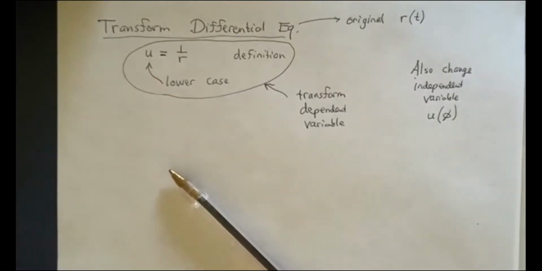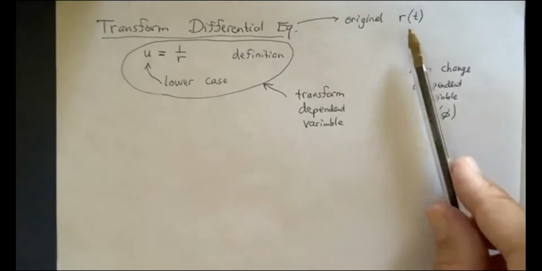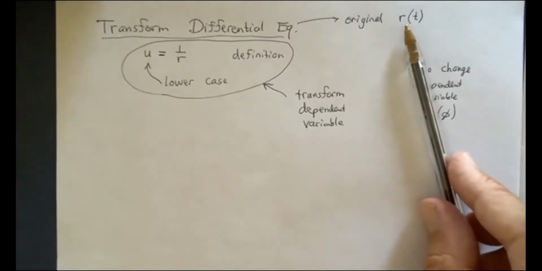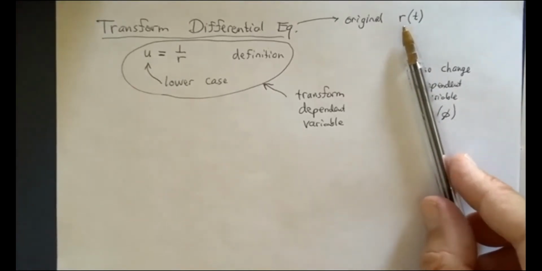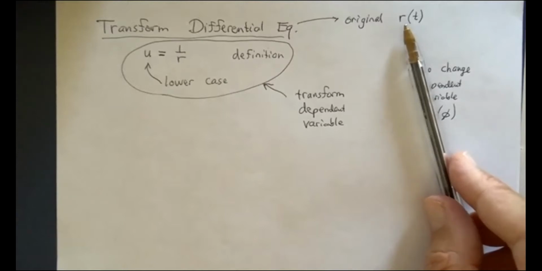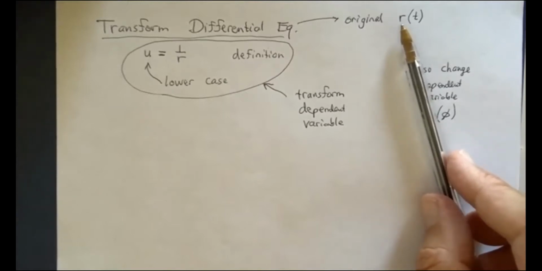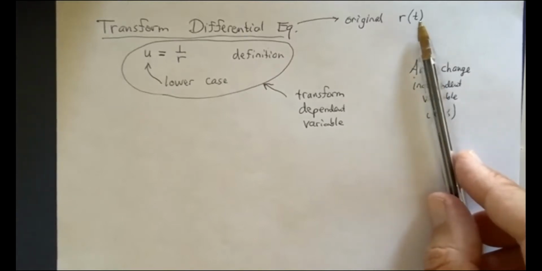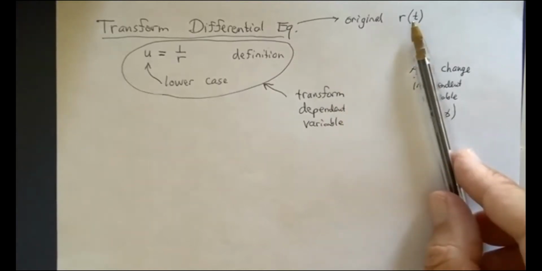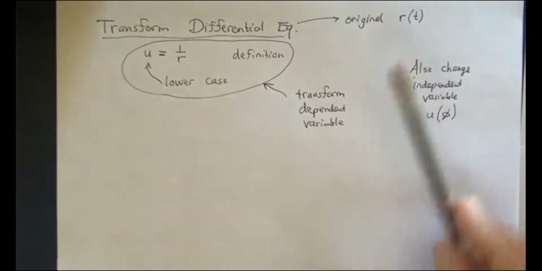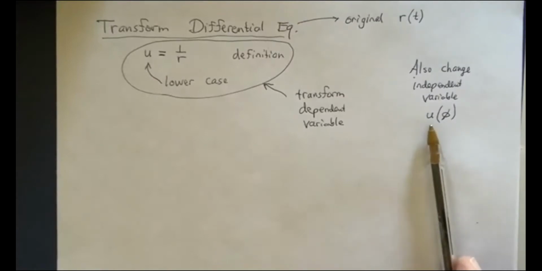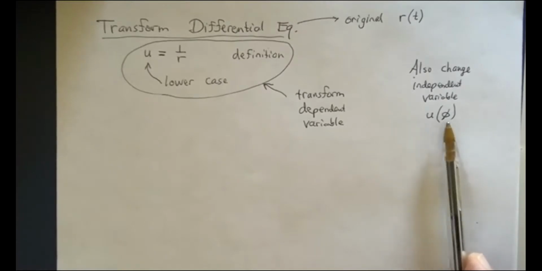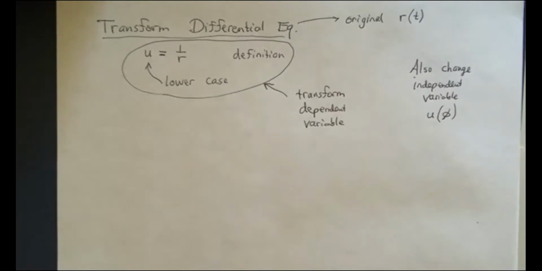Again, functional relationships. Our original second order differential equation was for r of t. That's the radial variable as a function of the time t. Differential equation. So we had derivatives of this object. They were time derivatives. We're going to transform, and so we'll get a differential equation that makes a statement about this function u as a function of phi, and derivatives of this function u as a function of phi. So how would you do that?